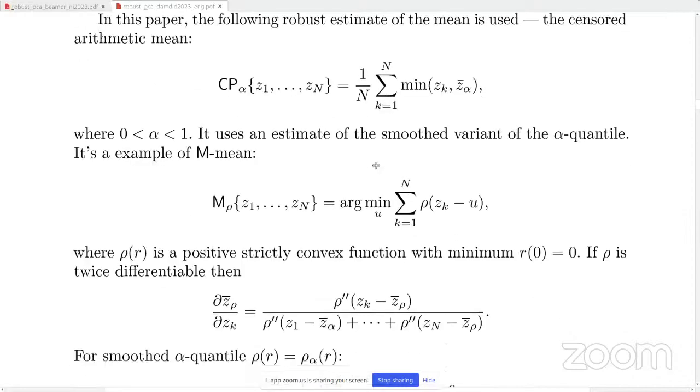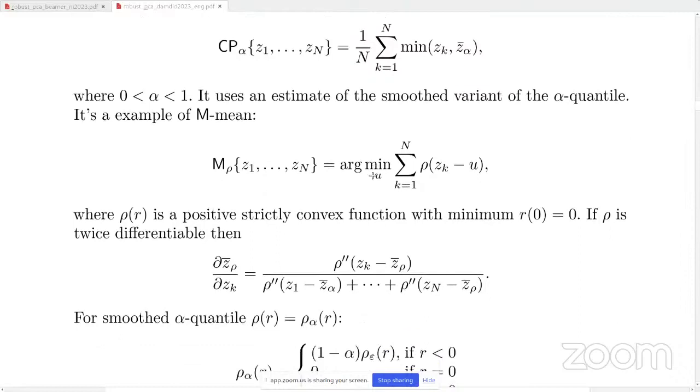For example, if rho is a square function, we have the ordinary mean average. If rho is an absolute value function, then we have a median estimation.